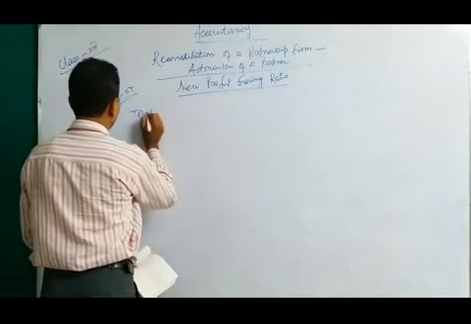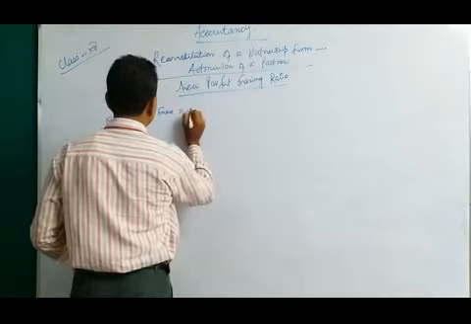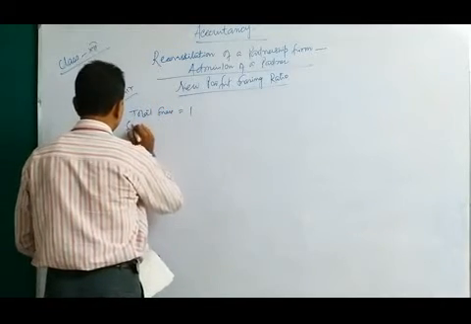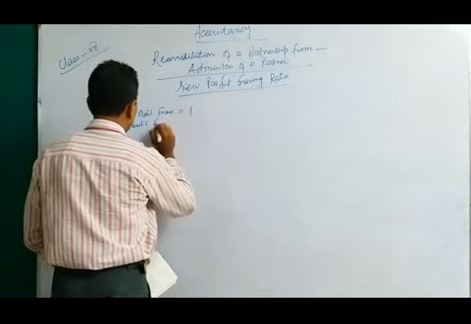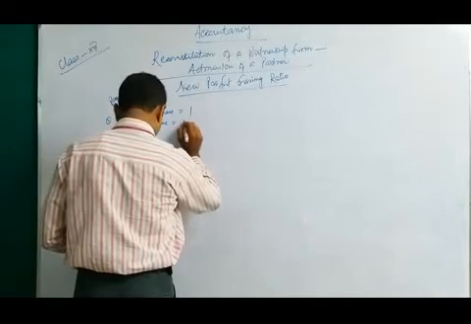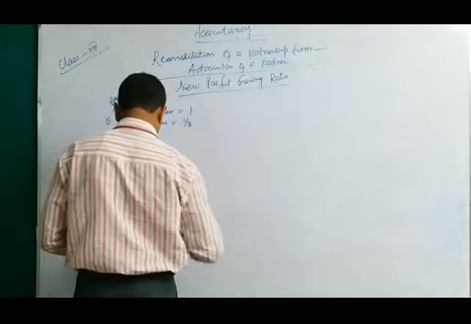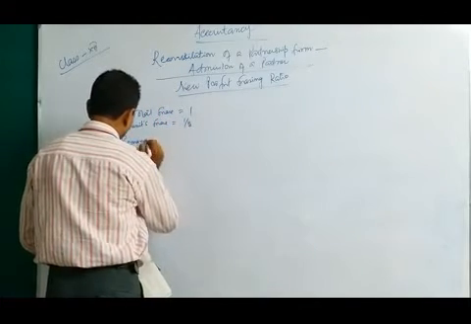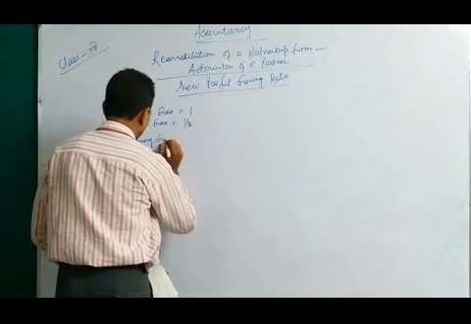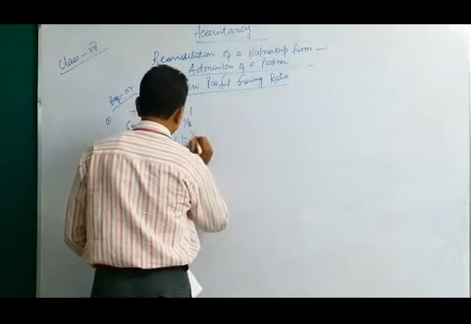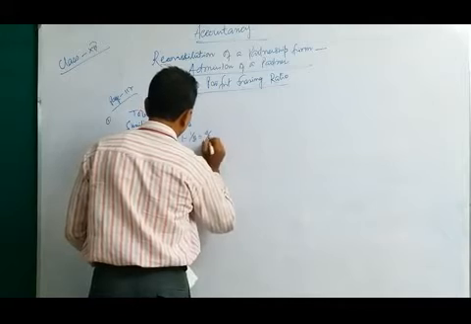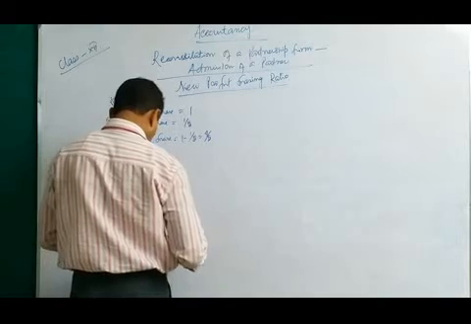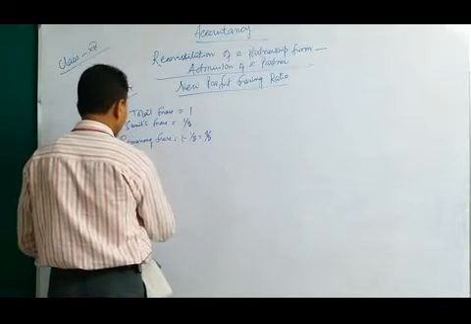Sumit's share is equal to 1/5. The remaining share is 1 minus 1/5, which is 4/5.